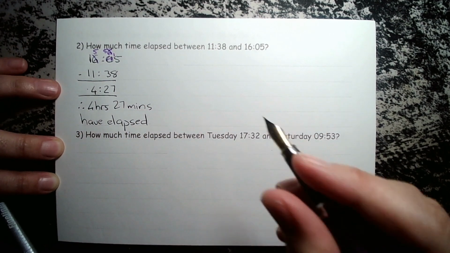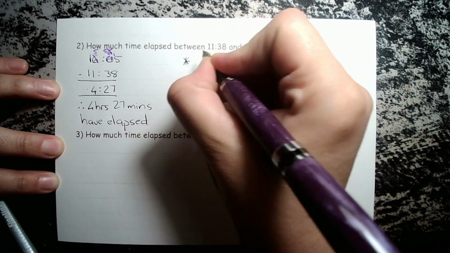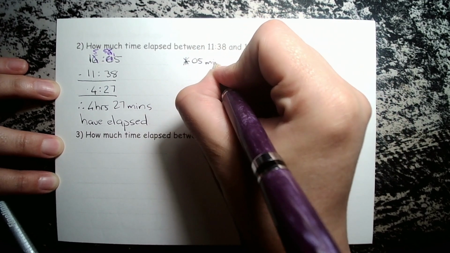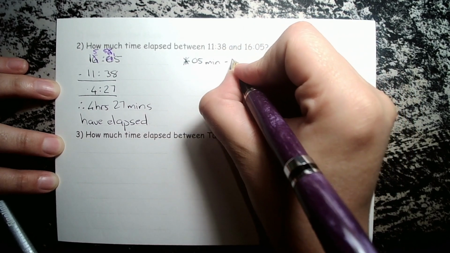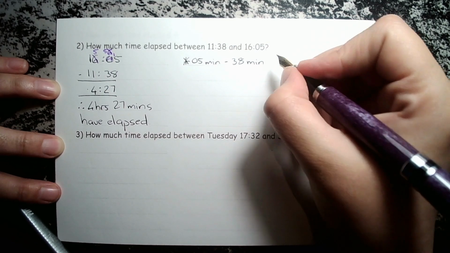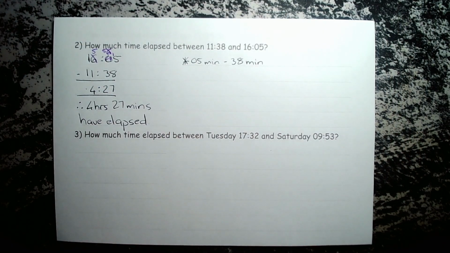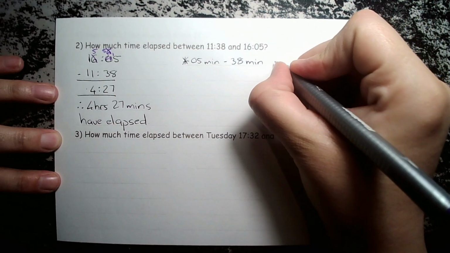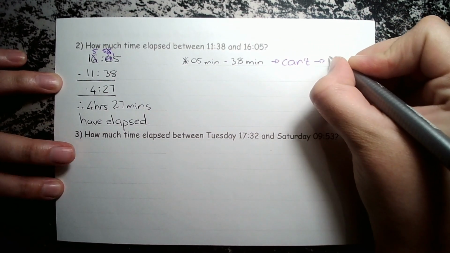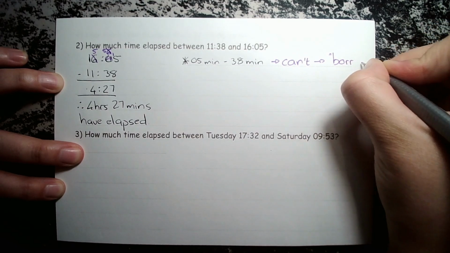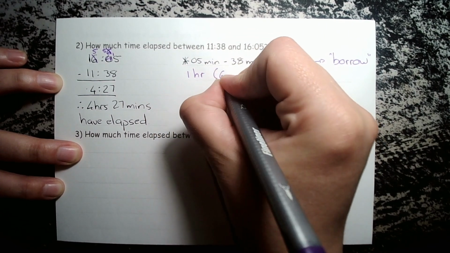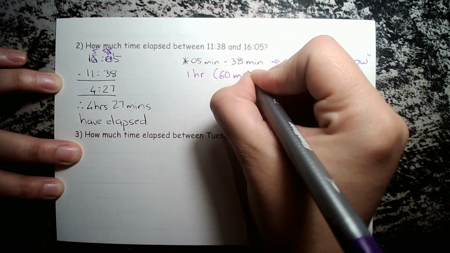In our more worded format, we still start at the minutes. So we say 5 minutes and we subtract our 38 minutes. Now this we can't do. And that means we borrow 1 hour, which is 60 minutes.